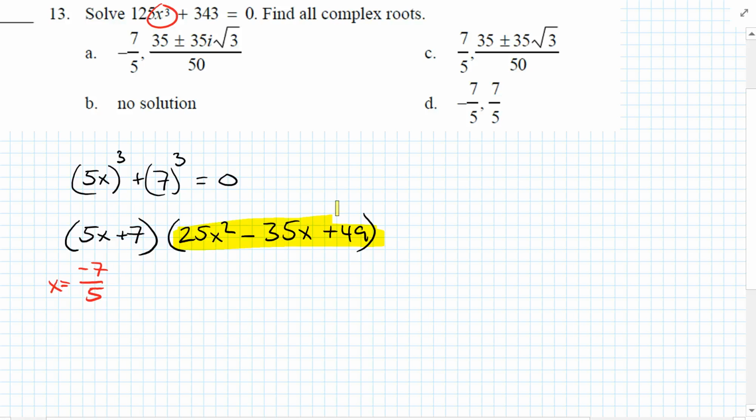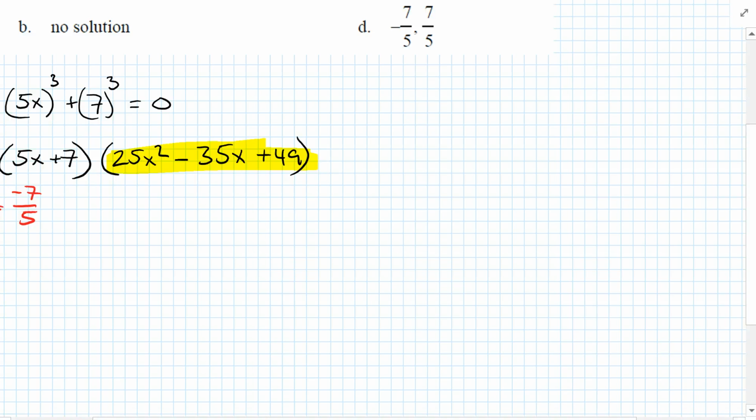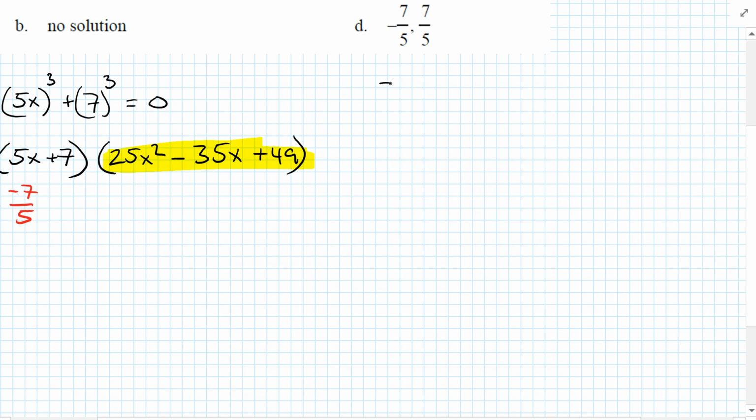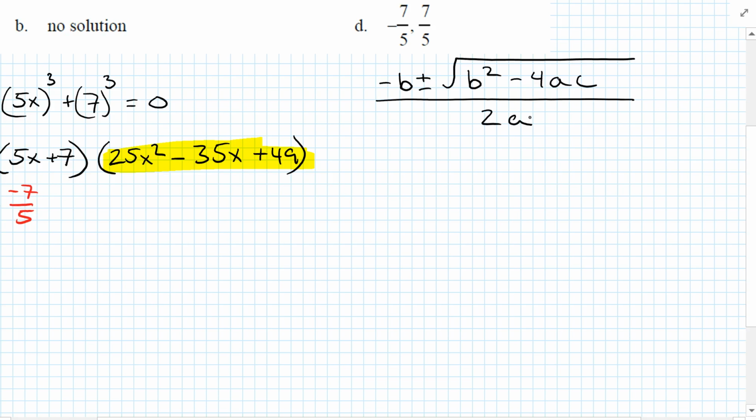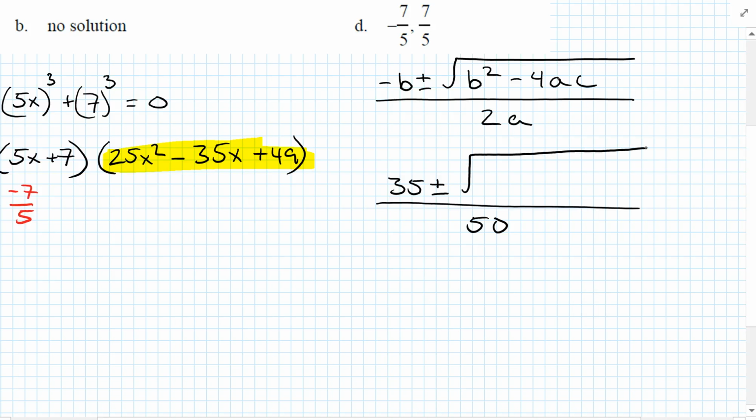And you're like, oh my goodness, Coach Allen, that looks really hard. No, just plug it in the quadratic. So the quadratic equation is negative b plus or minus the square root of b squared minus 4ac all over 2a. So it's going to be 35 plus or minus, and all this junk's going to be over 50, by the way, plus or minus the square root of b squared, whatever 35 squared is.